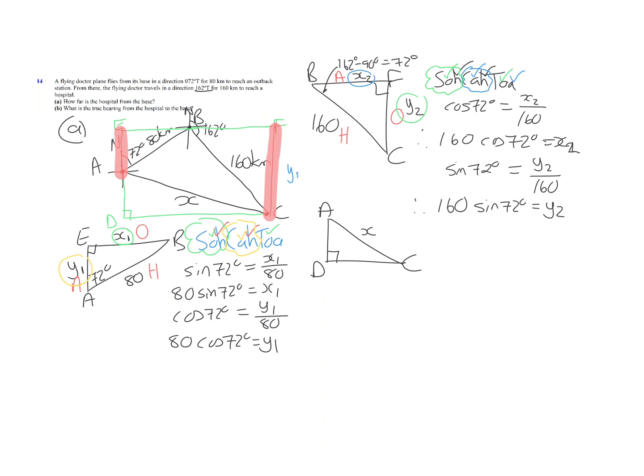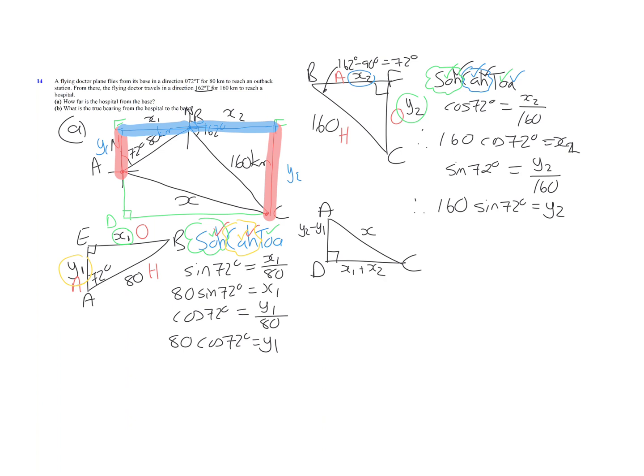FC is y2 and EA is called y1. So I take the difference between those two values: y2 take y1. And DC will similarly be just the addition of EB plus BF. EB is x1, BF is x2, so that's x1 plus x2.